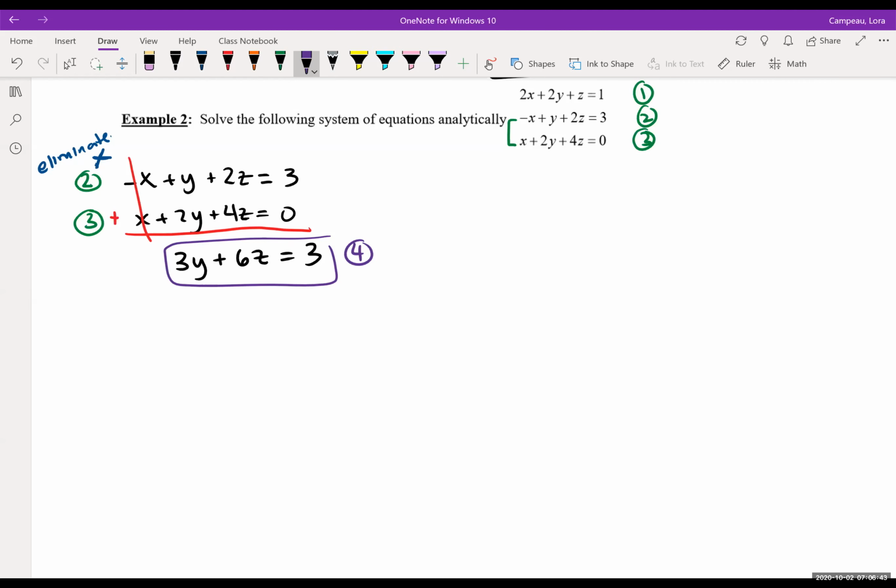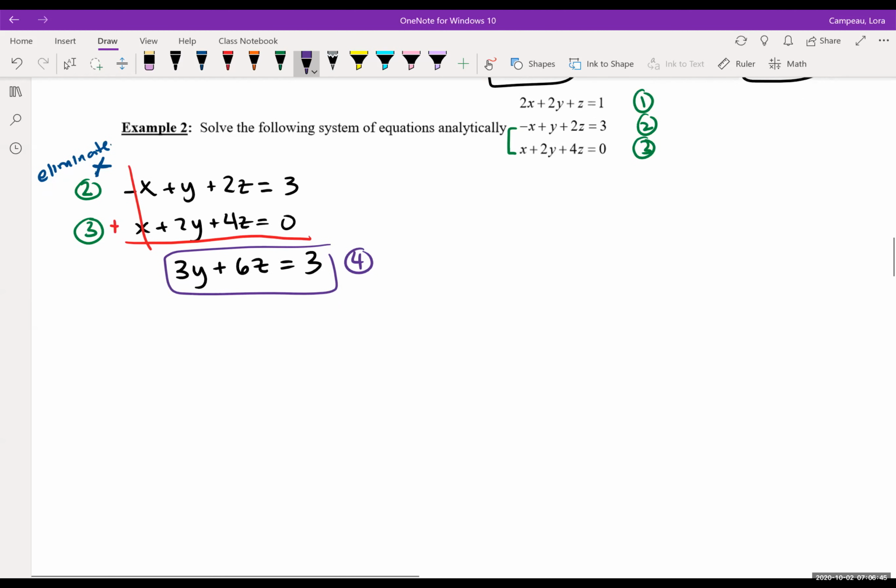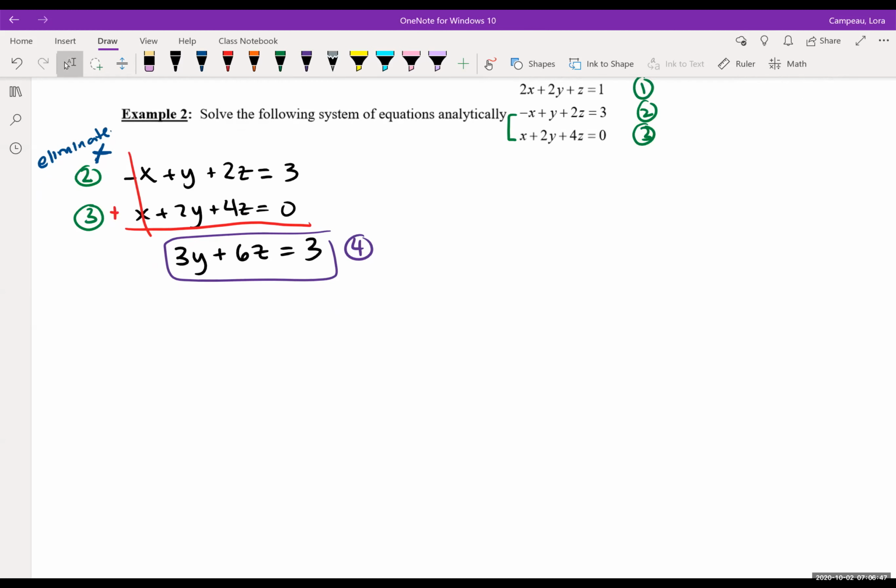Now, there may be other cases where it might be easier to eliminate a y or eliminate a z. But if you made the decision to eliminate the x at first, you need to choose another pair of equations that also eliminate x. Otherwise, we're going to run ourselves in a circle. So we already chose equation 2 and 3.